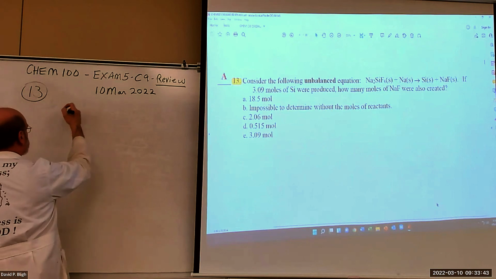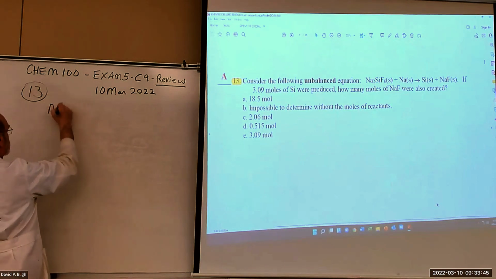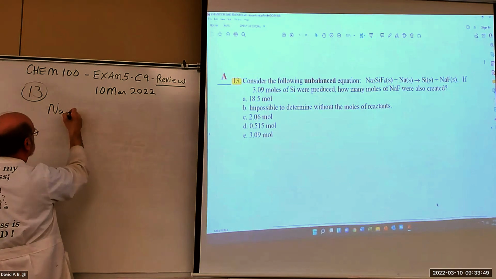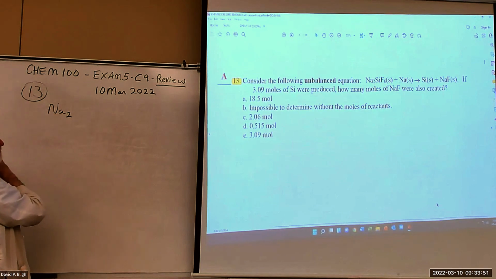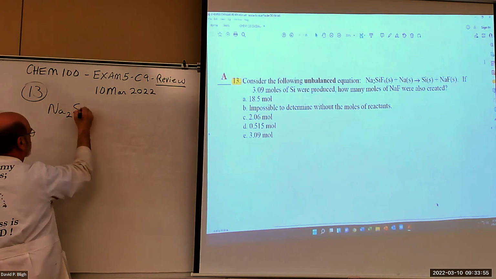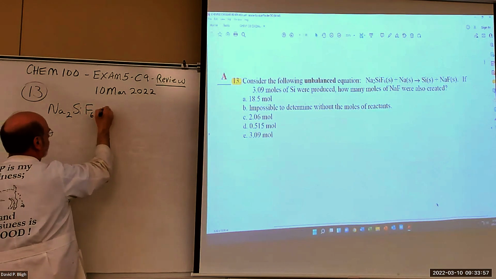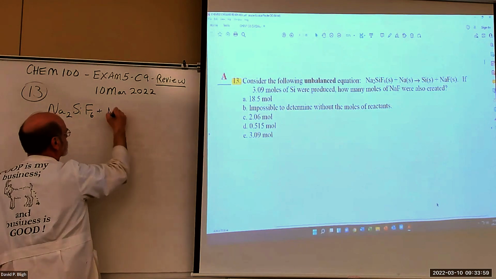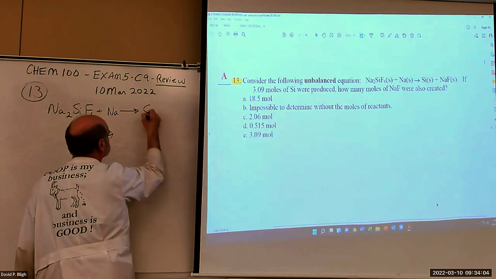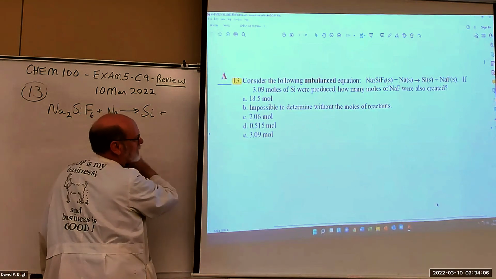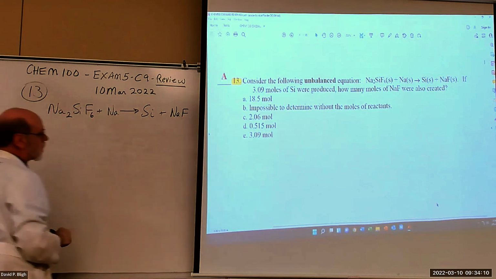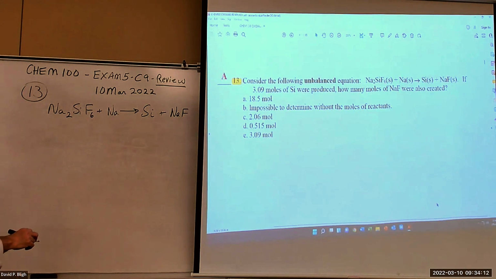Okay, so the unbalanced equation is, let's see, Na2SiF6, that's sodium hexafluorosilicate, plus sodium yields silicon plus sodium fluoride. Okay, so now we need to balance it.